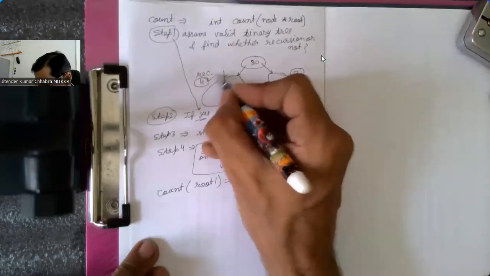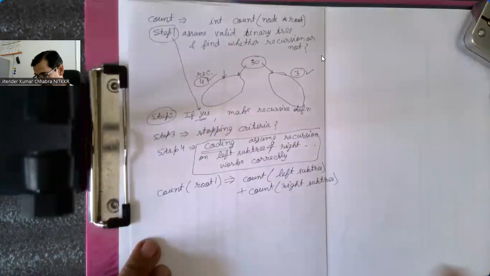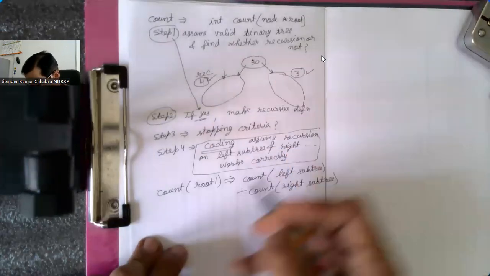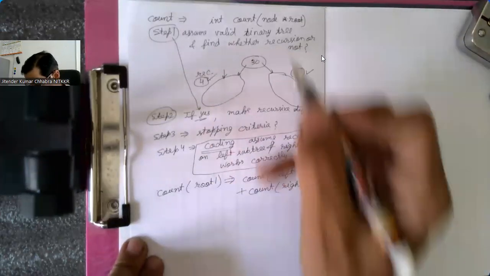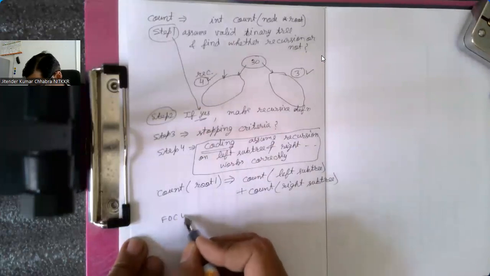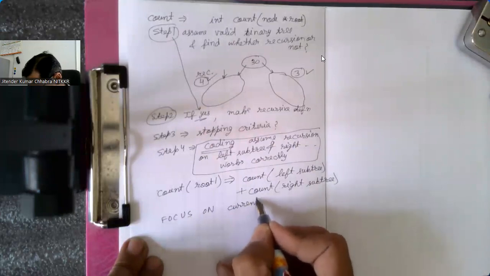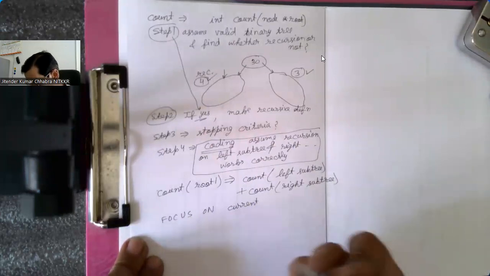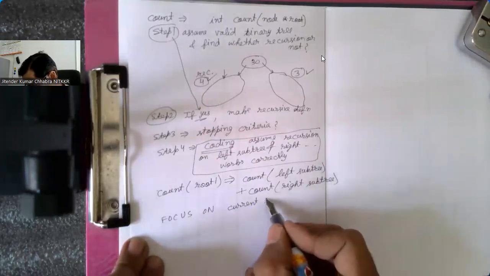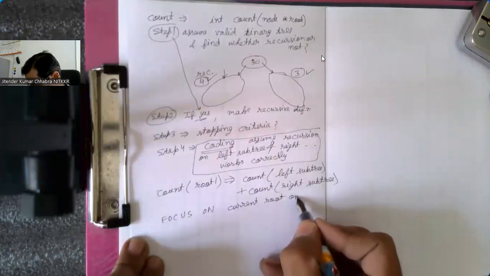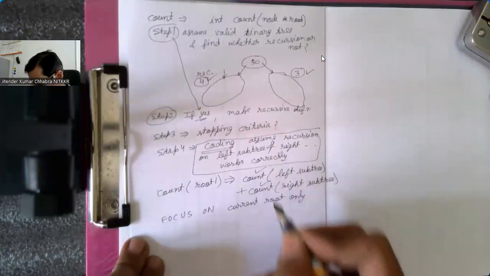So this has given me 4, this has given me 3. Don't bother. Assume now I am focusing only on the root node. Focus on current root only, because left subtree is solved already now. Right subtree is solved.